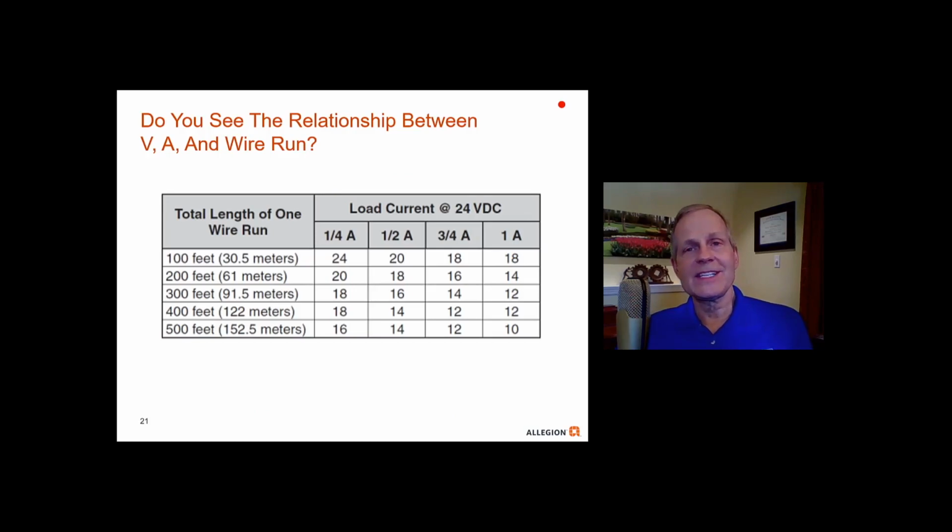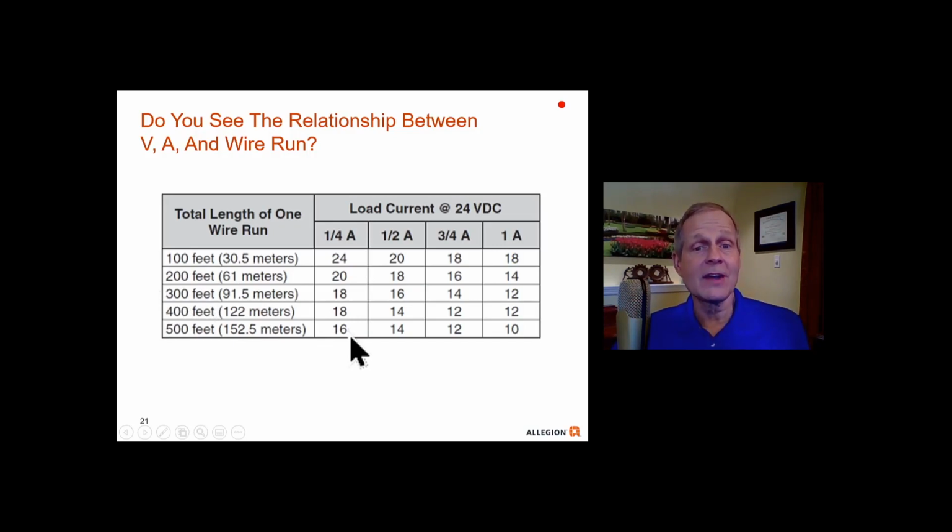All right, so once again, we're going to see the chart and see the relationship between these items. As I pointed out to you, as the distance or the length of the wire increases, so here, for example, we have 100 feet distance, we can use a 24 gauge wire if we have 1/4 of an amp being drawn through the circuit. If you go up to 500 feet distance, you've got to go up in diameter.